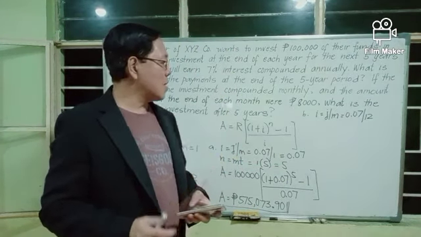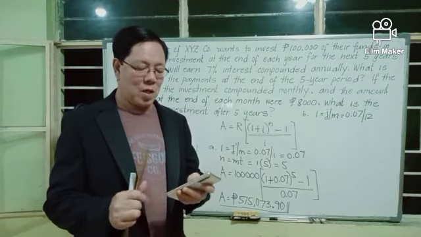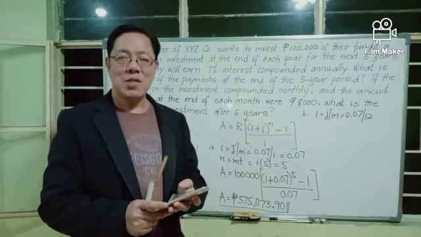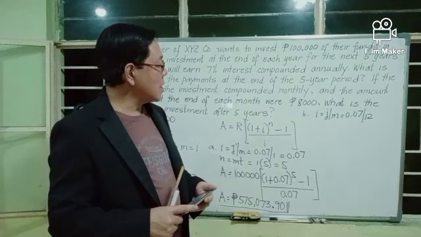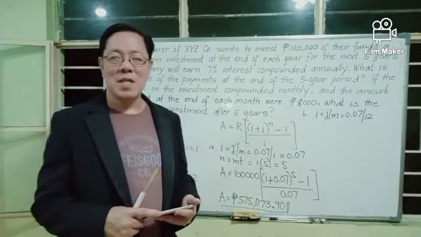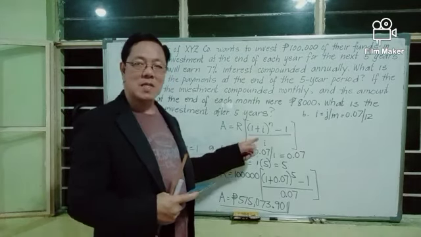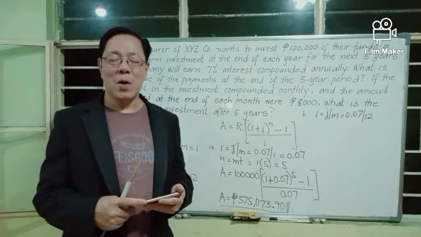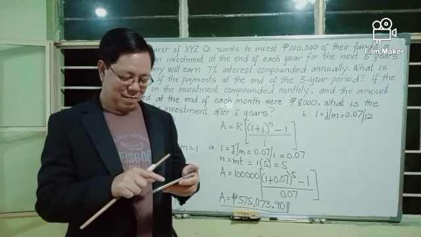You may calculate 0.07 divided by 12 in your calculator, but you take all the decimal numbers, or you can leave it as is, 0.07 divided by 12, and substitute that number into this formula for accumulated value for ordinary annuity.